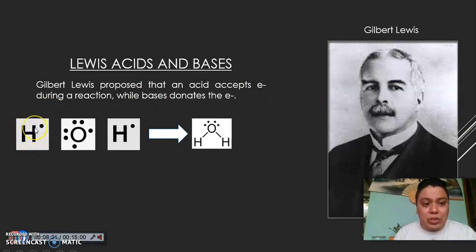And this hydrogen is going to accept 1 electron from the oxygen. And this other hydrogen is going to accept another electron from the oxygen, which means that the oxygen itself is going to be left with 4 of its original electrons, and it is going to share 2 of them with these 2 hydrogens.